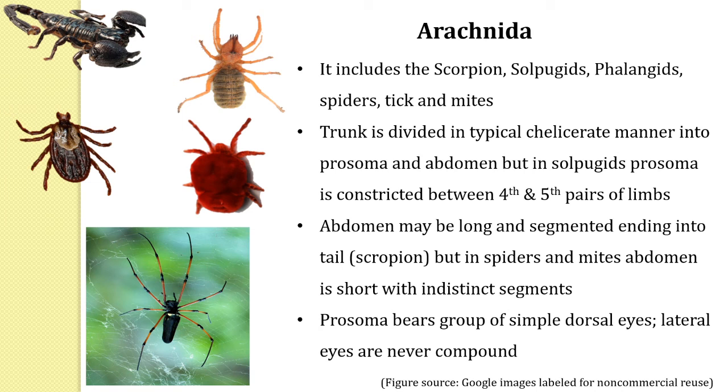On the other side, there are five simple lateral eyes, but they are never compound. Paleontologically, the oldest known arachnids are contemporaneous with the trilobites and the Eurypterids. So this is about the whole chelicerate group.